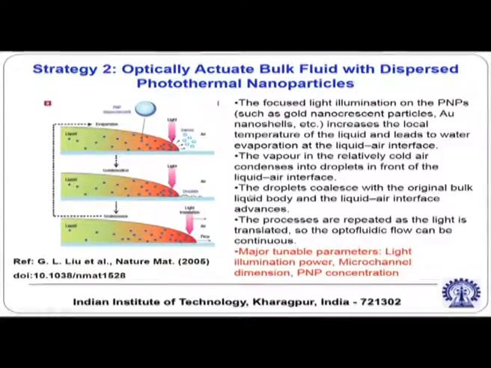The droplets coalesce with the original bulk liquid body and the liquid-air interface advances, because once the droplet coalesces with the bulk liquid, the contact angle decreases. That gives a greater driving force and the liquid starts moving. So this is again a beautiful phenomenon.